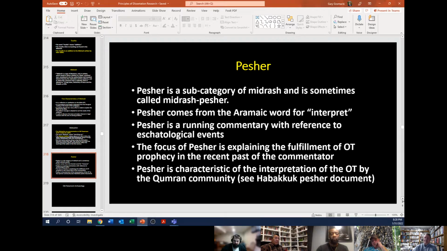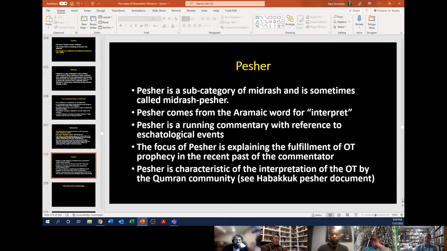So, for instance, the Habakkuk Pesher, a Dead Sea Scroll. It's a commentary by the Qumran scribes on Habakkuk. I talk about this in my paper on the doctrine of the Bible.